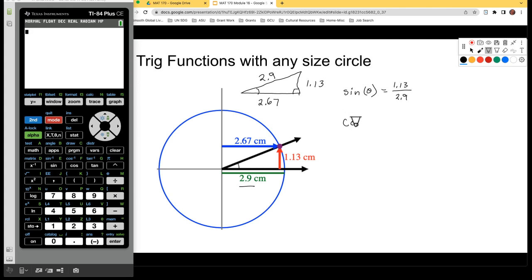What is the cosine of theta? Well, CAH, so cosine is adjacent over hypotenuse. And tangent is TOA, opposite over adjacent.